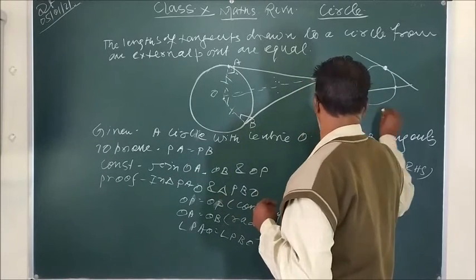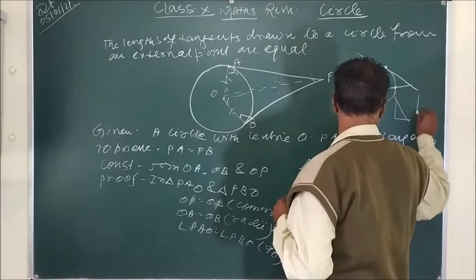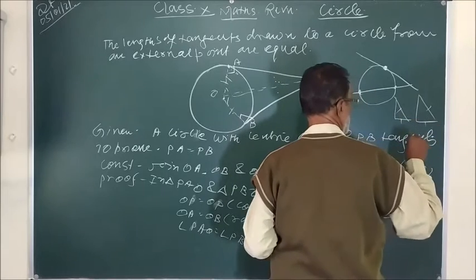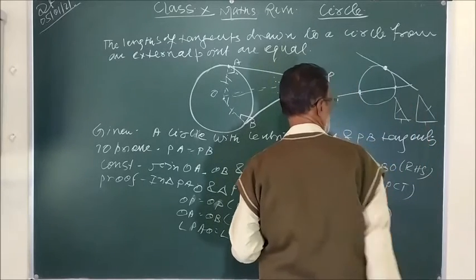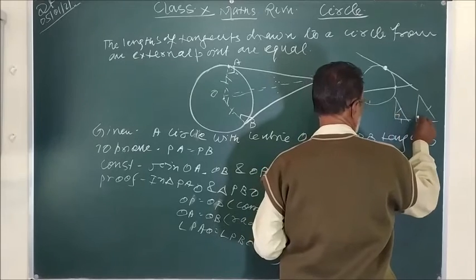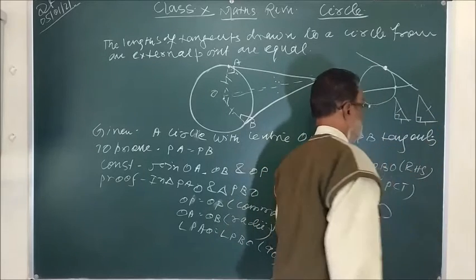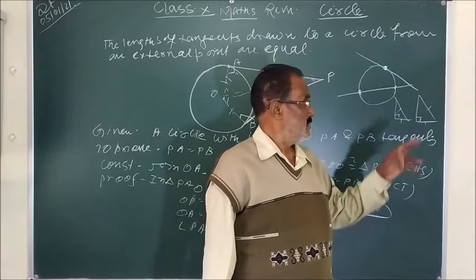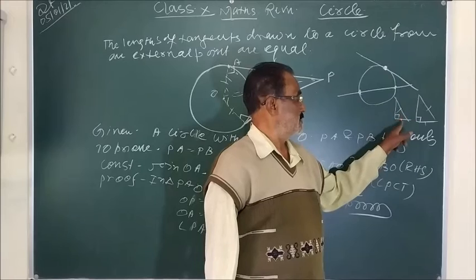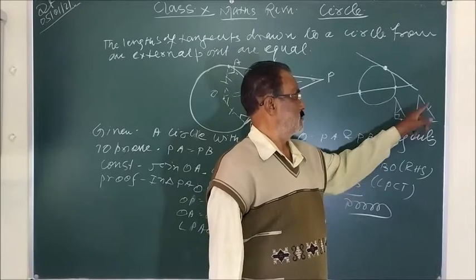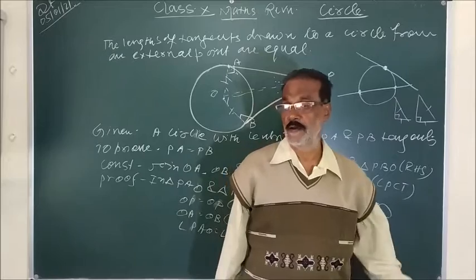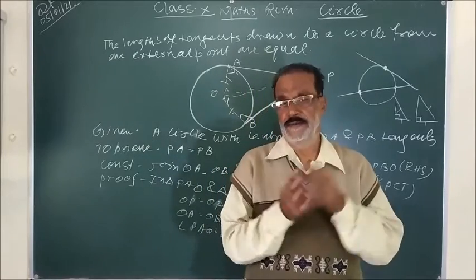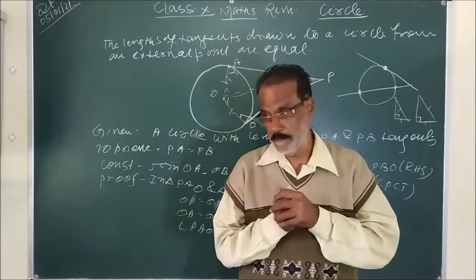So in two right triangles, if the hypotenuse and one side are equal, we are not mentioning the angles, as it is already in the theorem. This is known as the RHS theorem.